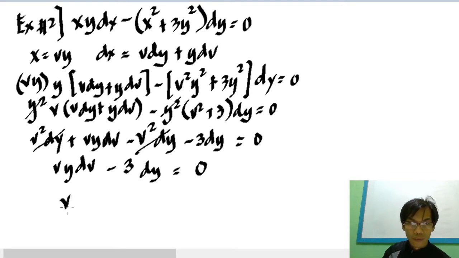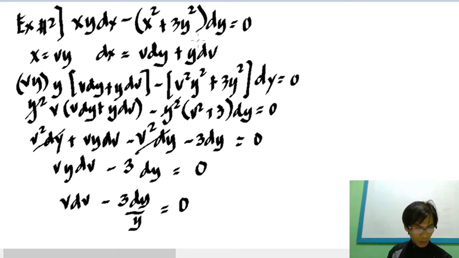So we have v dv minus 3 dy over y equals 0. Let's try to integrate this one.